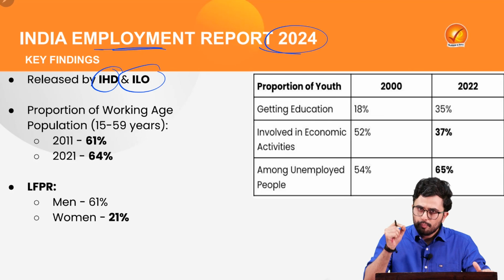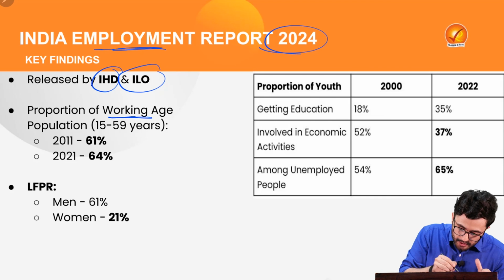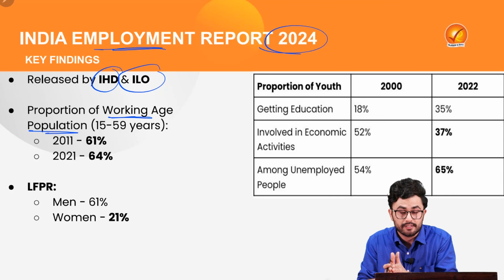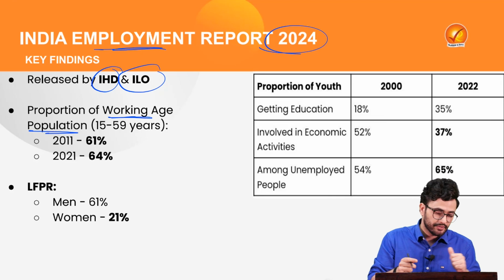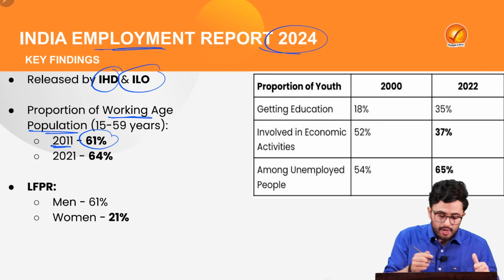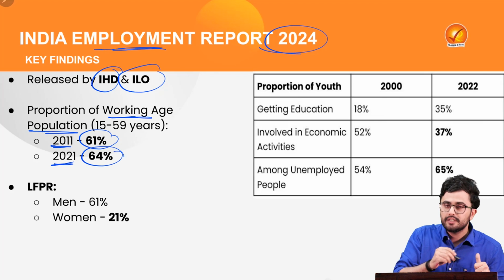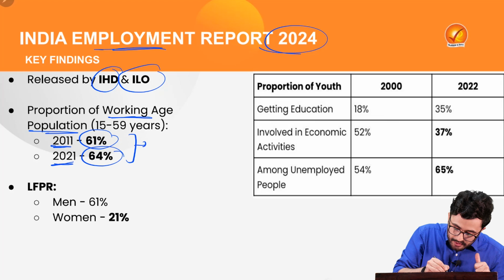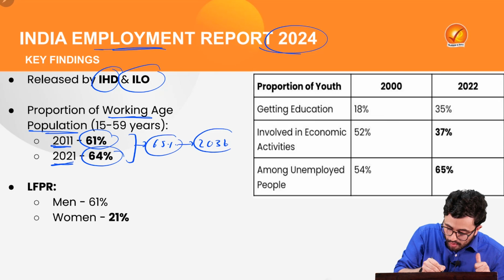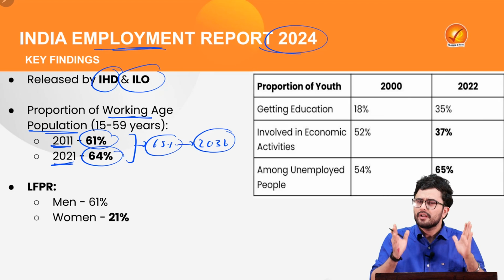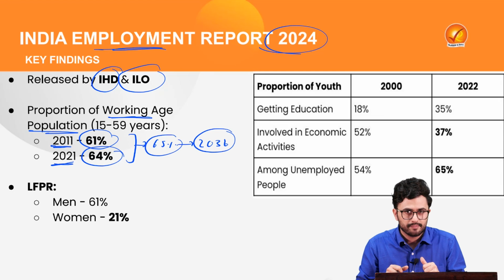According to which, the population of the working age proportion, that is 15 to 59 years, has significantly increased from 61% in 2011 to 64% in 2021. And it is expected to further increase up to 65% by the year of 2036, thus providing our country with a rich demographic dividend.